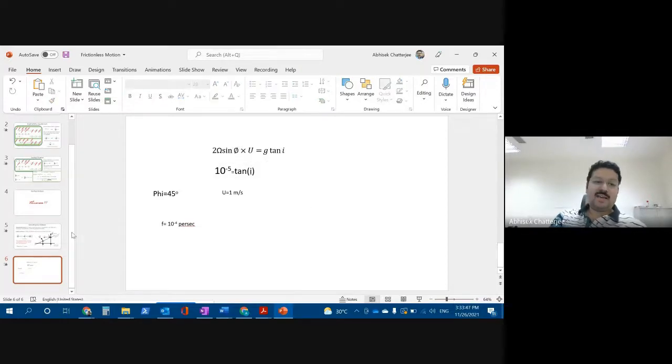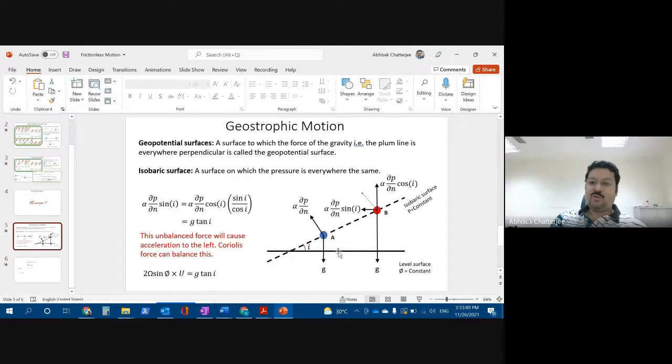Now what is tan I? It is telling that tan I equals to 10 to the power minus 5. So what is tan I? Tan I is basically the length of this divided by the length from this origin to here. Let's assume this is AB and this is CD.